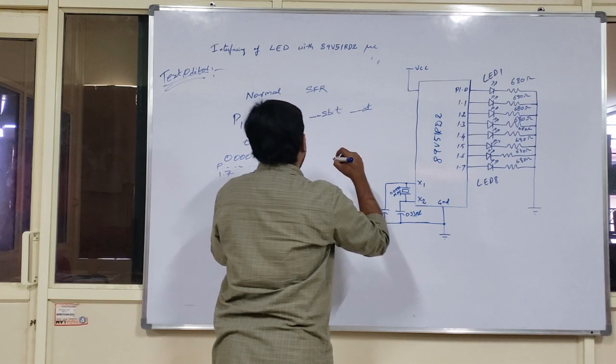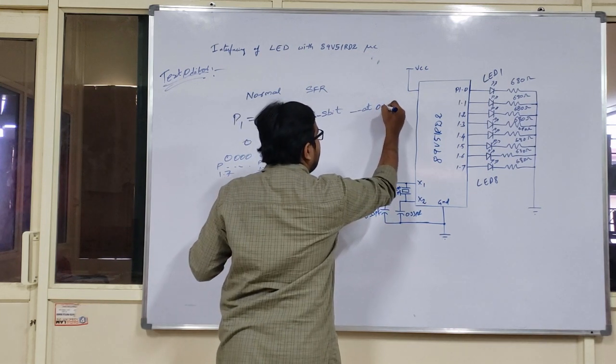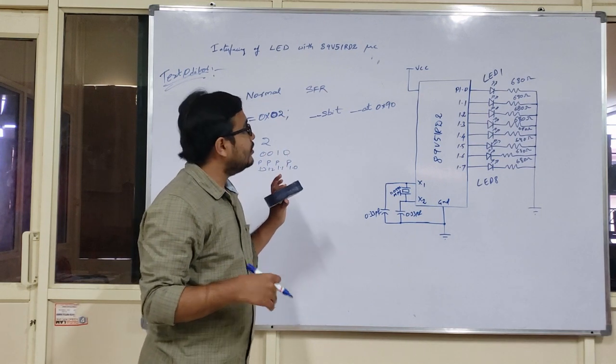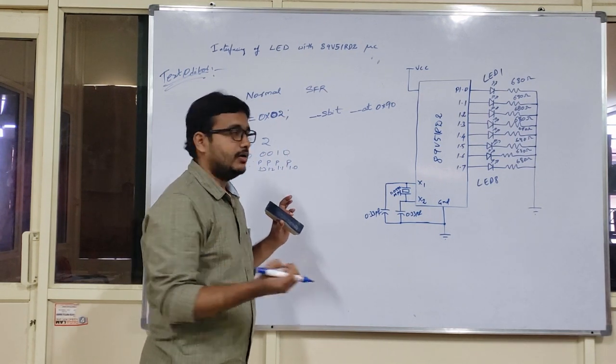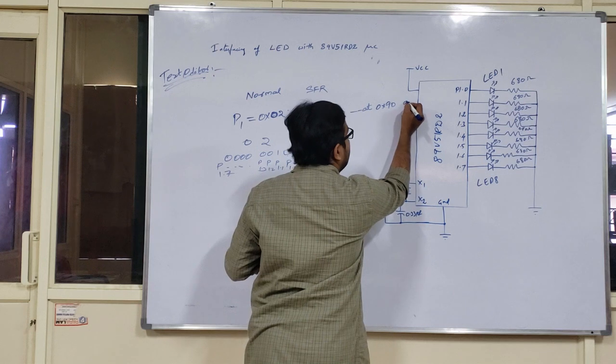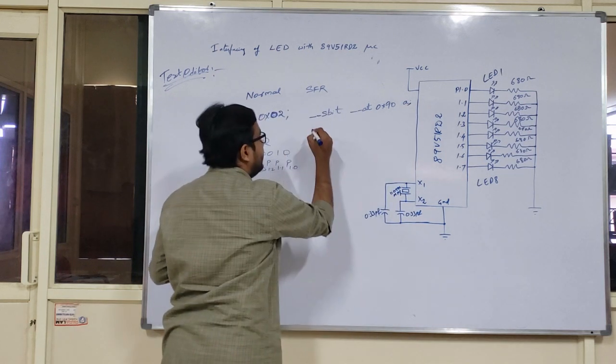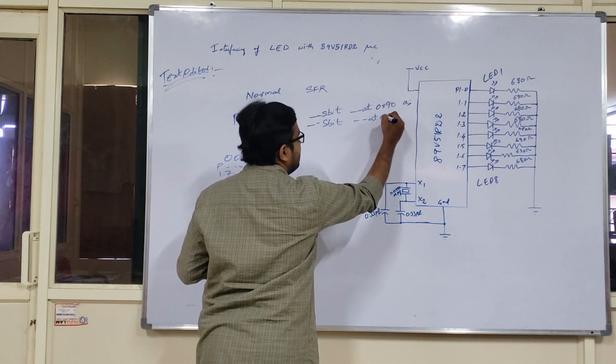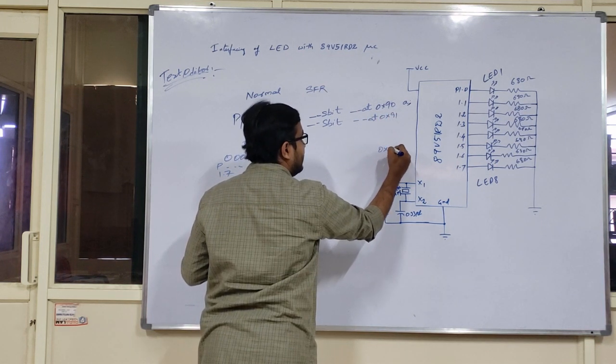So the P1.0 address location will be at 0x90. For this address location, I would like to give a variable name. I am going to give the variable name as small a. Similarly, for the remaining 7 pins, 0x91 up to 0x97.